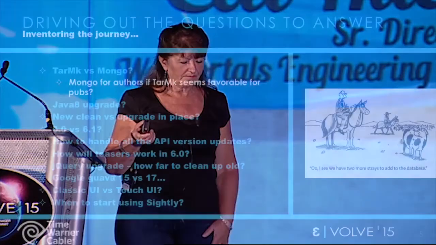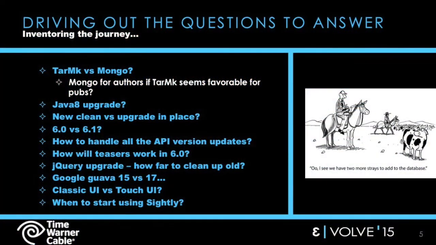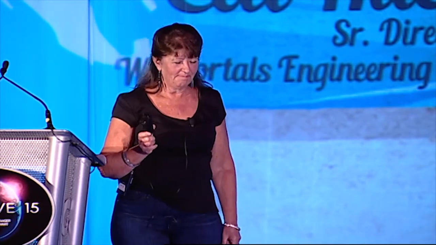Some other decisions that we had to make. Classic UI for your authoring team, or Touch UI. The Touch UI demo is hot. Our authors were so excited. And then we started digging into it on those spike stories and going, whoa, baby, there's a lot of work here.